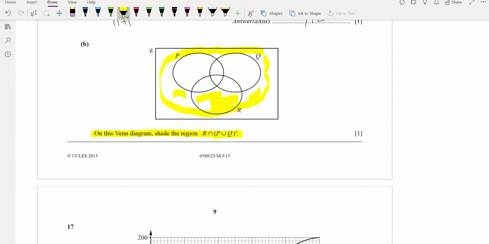The intersection of this whole with R will be, this will be excluded, and only this portion will be in the intersection. So we will highlight only this portion. This is the shaded portion which we are done with.